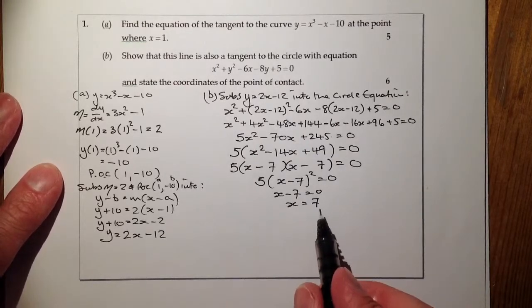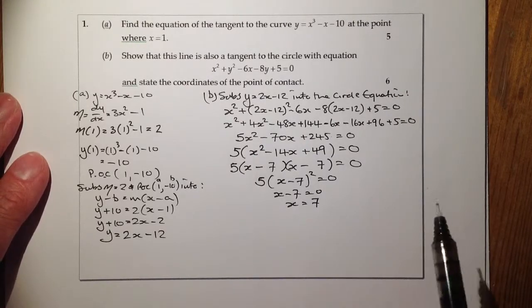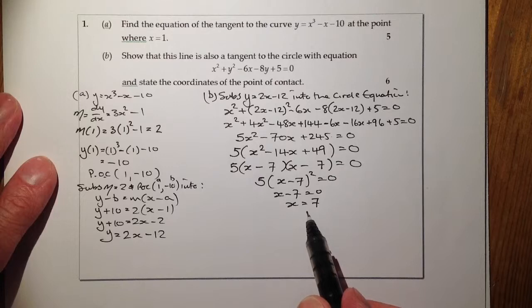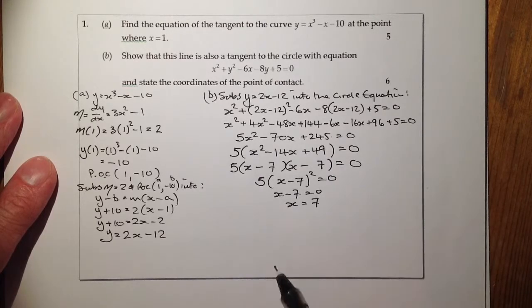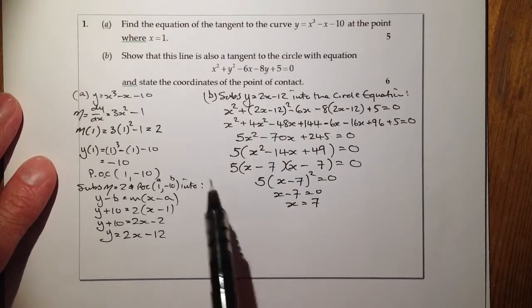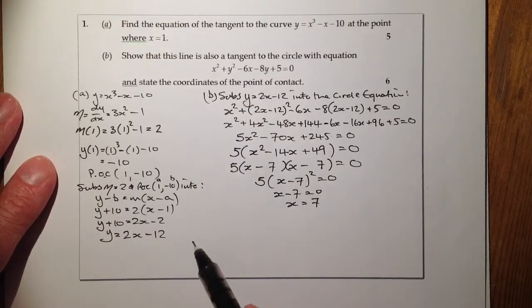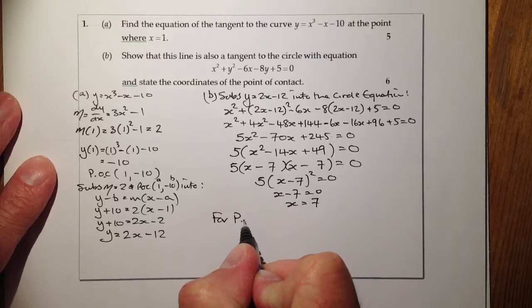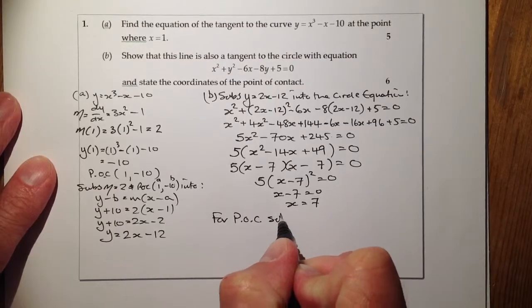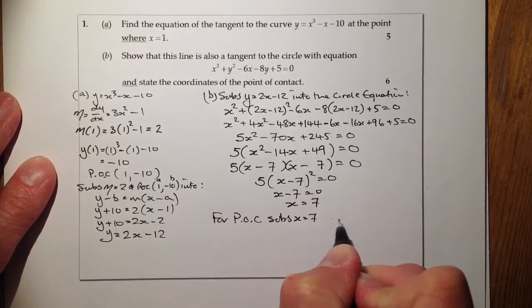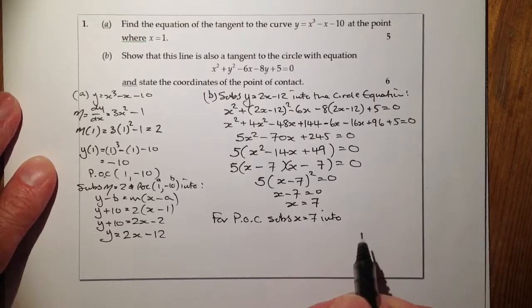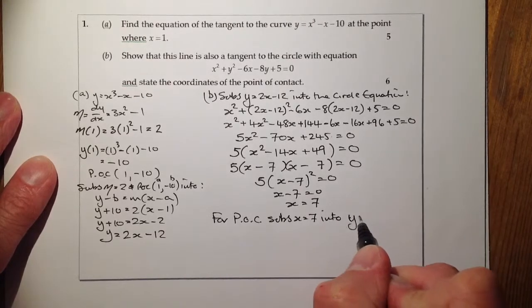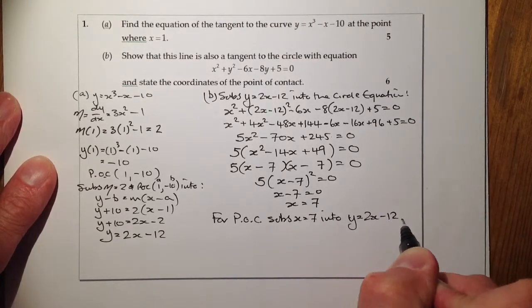So let's work out the point of contact. I know I've only got one point of contact here, and I'll work out that point of contact first and then make a statement to show that the line's a tangent. For the point of contact, we'll substitute x equals 7 into the tangent, the straight line, which is y equals 2x minus 12.